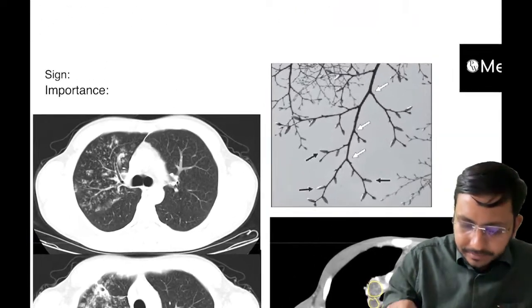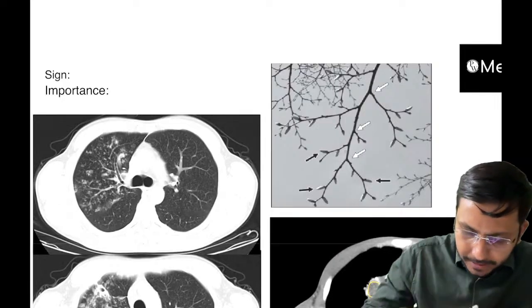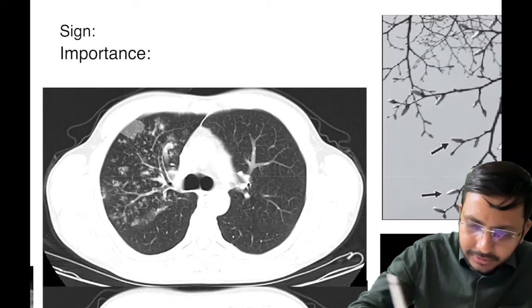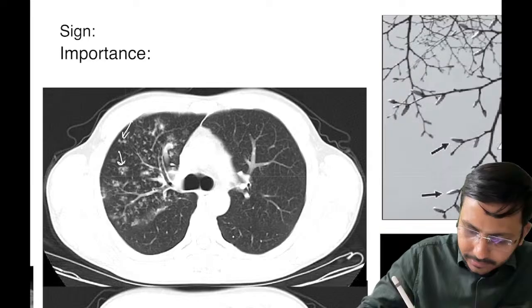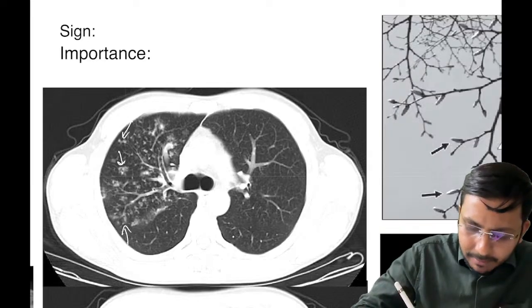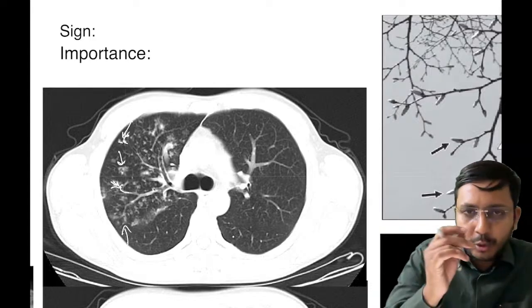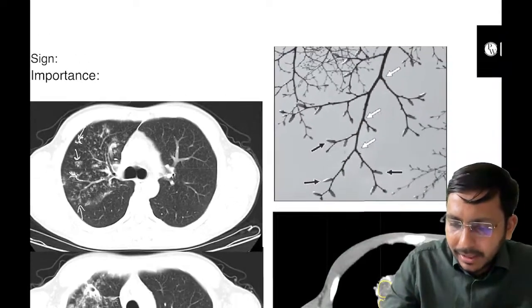Now see this image. Can you see? These are the tiny nodules that you can see, and they are appearing in a branch sort of way. राइट जैसे कि एक डंडी पे छोटी छोटी बर्ड्स निकलती है, like a tree in bud, like this.